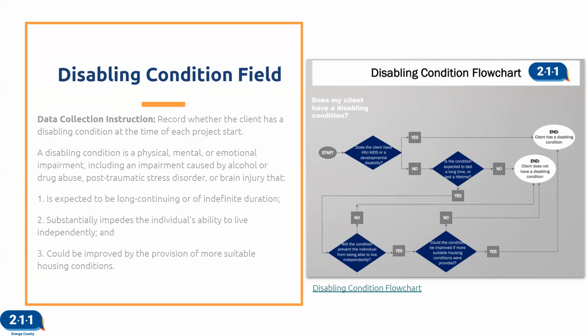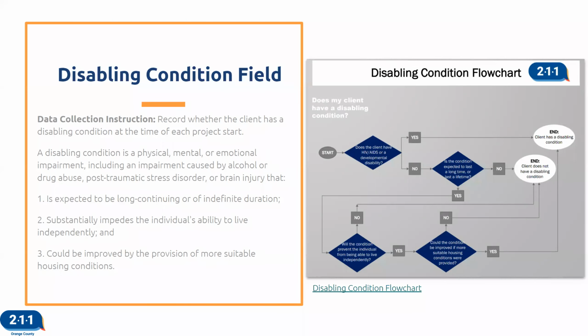On the right side of the screen, you can see a flowchart that outlines the different paths that would help determine whether or not a client has a disabling condition and whether or not they would be considered as experiencing chronic homelessness. At the start, one of the first questions would be, does the client have HIV/AIDS or a developmental disability?